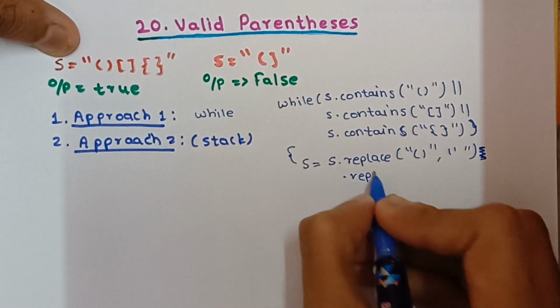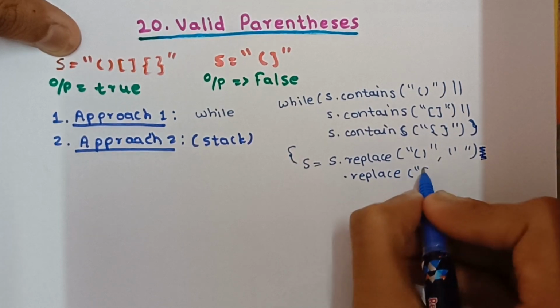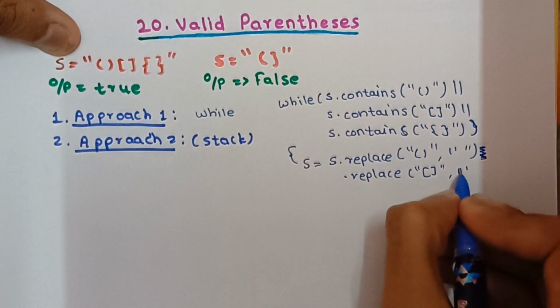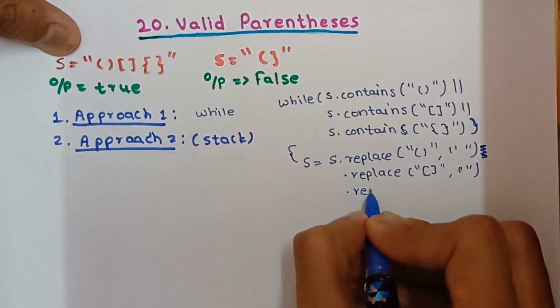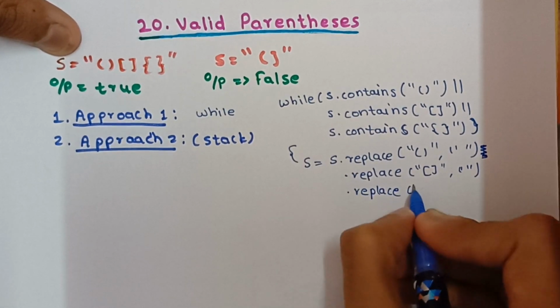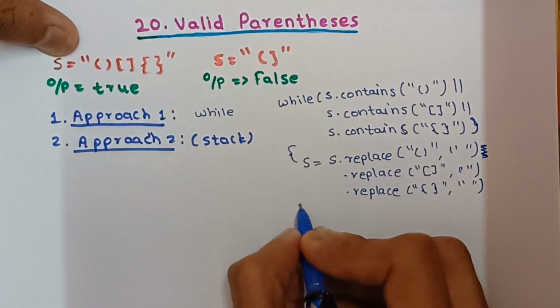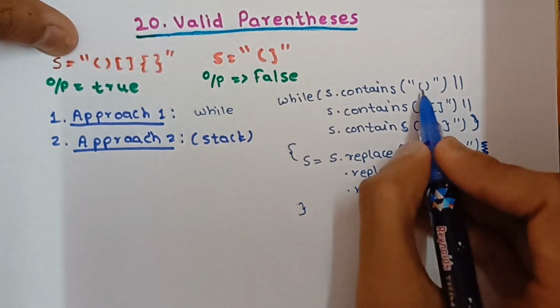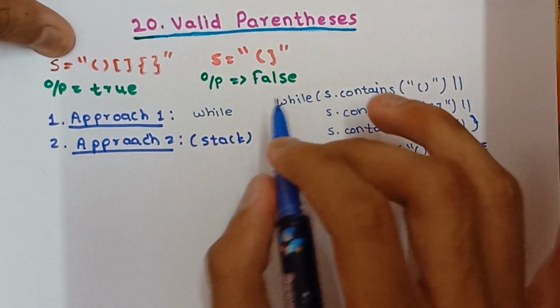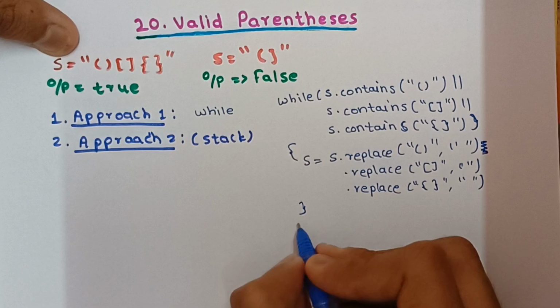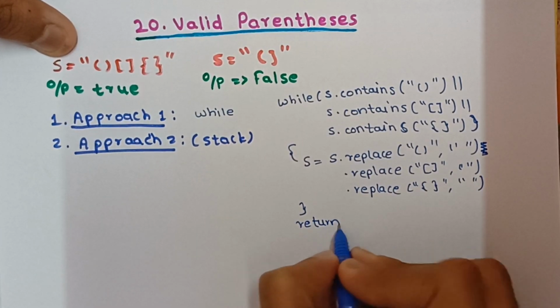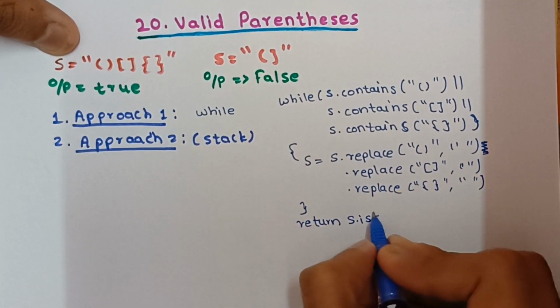We will write this, replace square bracket with empty, and then again replace curly bracket with empty. Now the while loop will end if it does not contain any pair. Then we will write return s dot is empty.